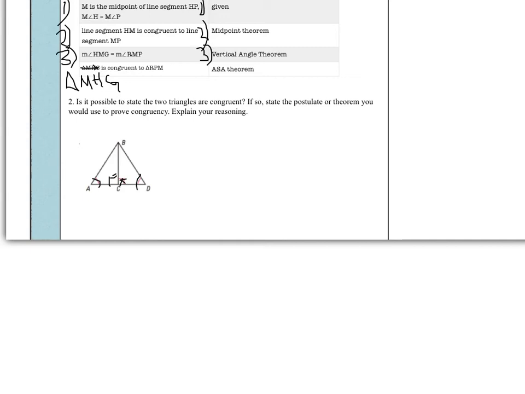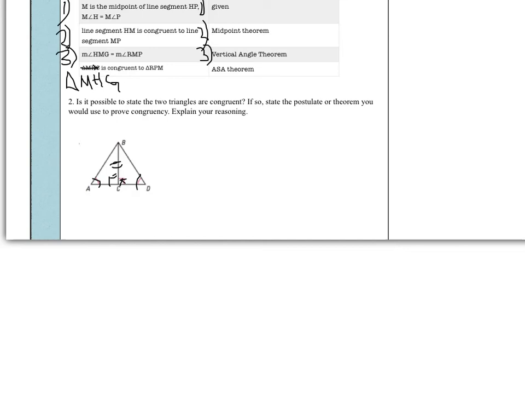And now we also know that this side that we see right here, well, they share it. So it's almost like saying the side of this one is equal to the side of that one because it's the same side, right? They have the same side. So we have an angle and a side.